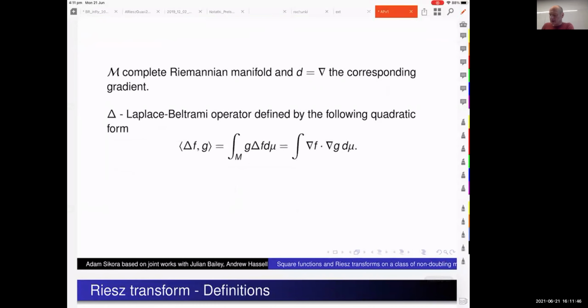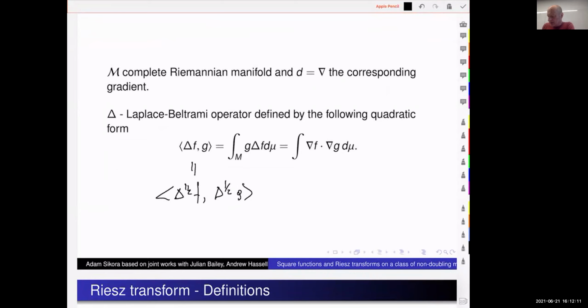We can define the Laplace-Beltrami operator using quadratic form techniques, just using the gradient. With a little bit of algebra, we can also write it down as the integral of Δ^{1/2}f times Δ^{1/2}g.